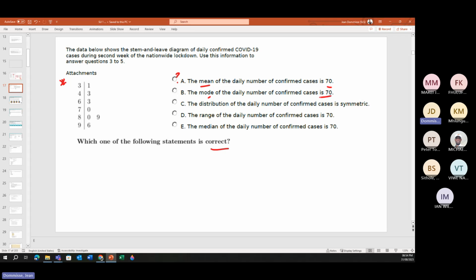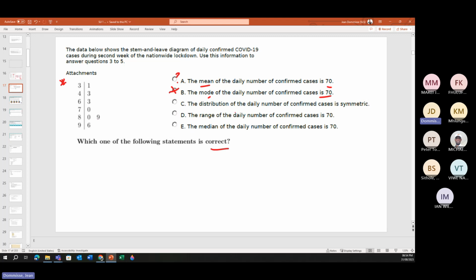So mode is the number that occurs the most. So we've got 51, 43, 63, 70, 80, 89, 96. So we don't have a mode because all of the numbers appear once. So the mode is not 70. So it's definitely not correct.